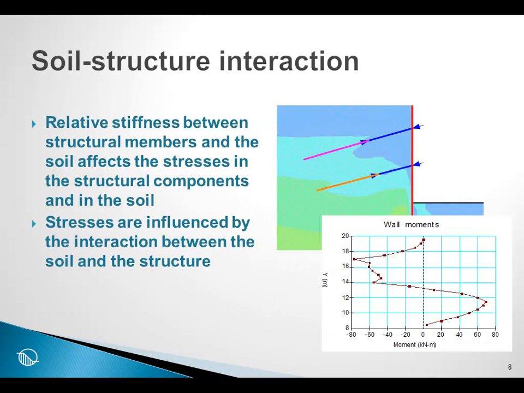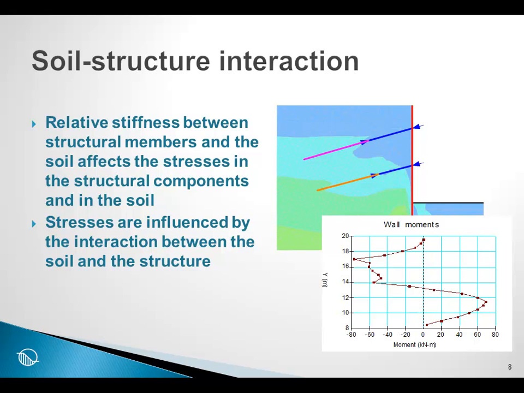Another reason for doing a Sigma W analysis is to consider soil structure interaction. It is the relative stiffnesses between structural members and the soil that affect the stresses in the structure and in the soil. For example, if the soil is extremely stiff, it will influence the stresses in the structural members.